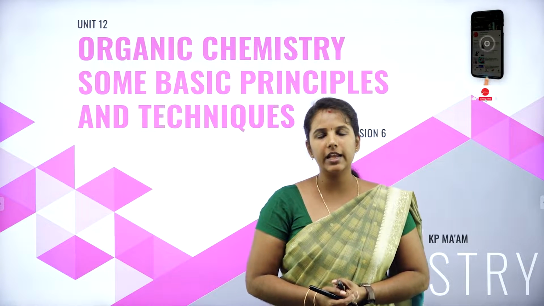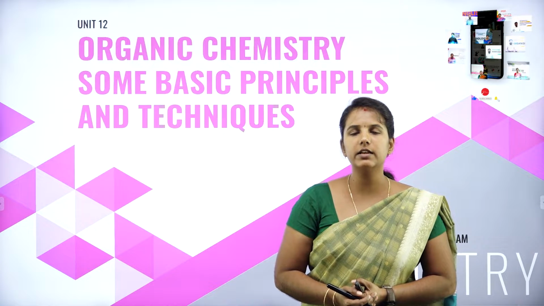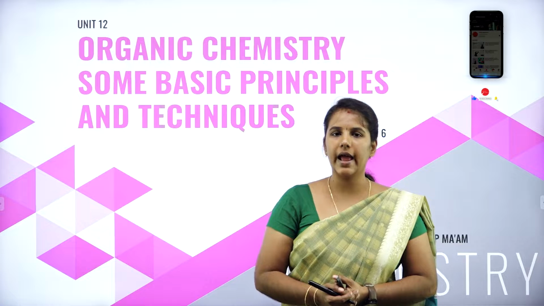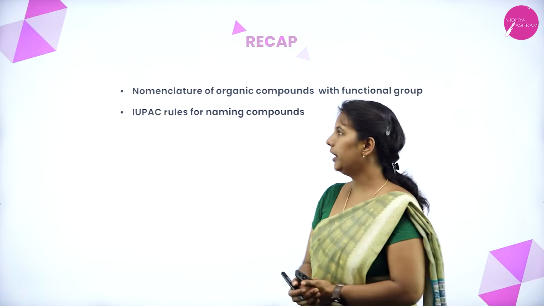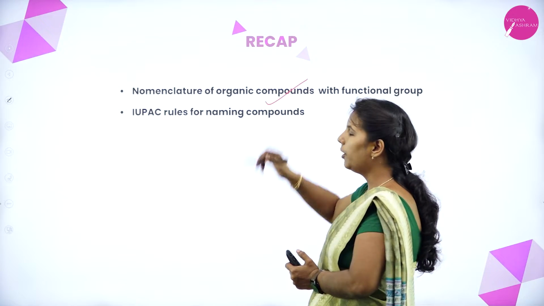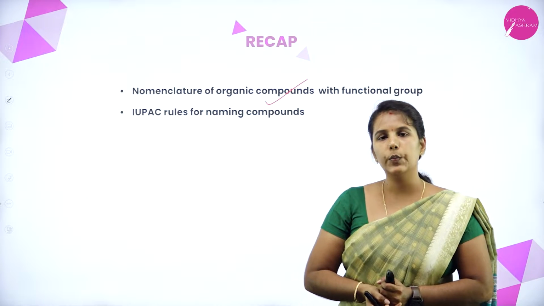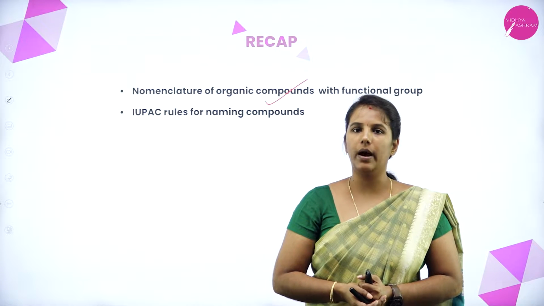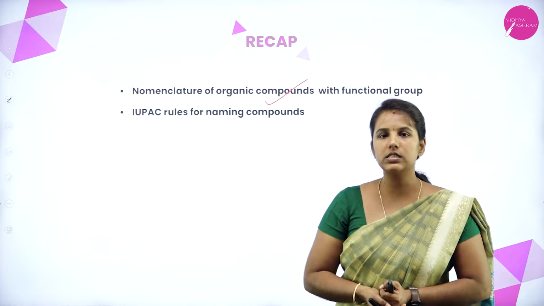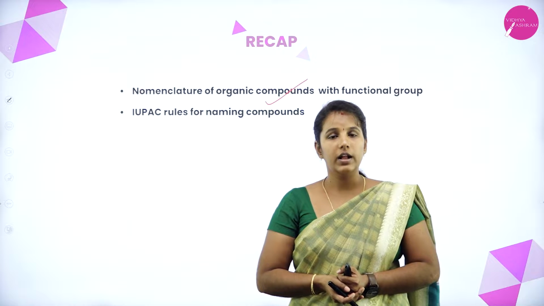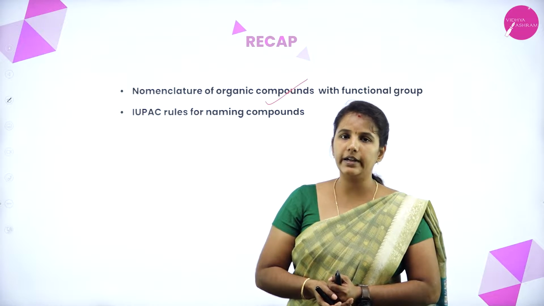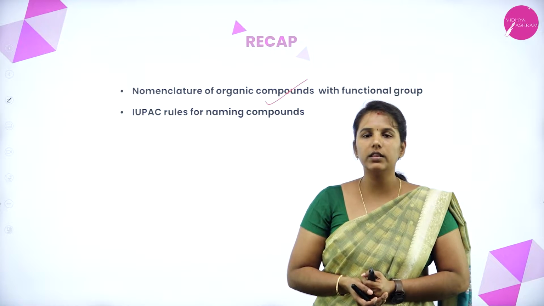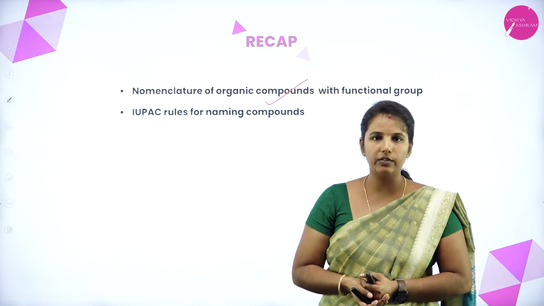My dear students, in our last discussion, we were dealing with a unit called Organic Chemistry, some basic principles and techniques. Under this unit, we have studied the nomenclature of organic compounds containing functional groups as well as bifunctional compounds, and how the IUPAC system has given the rules for naming them. Suppose two functional groups are there, how to name the organic compound, we have also learned.